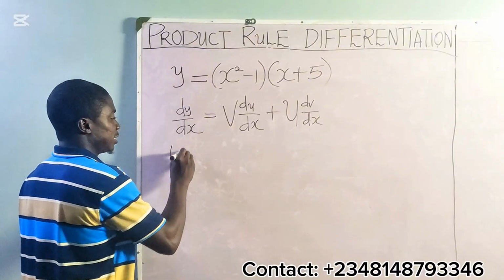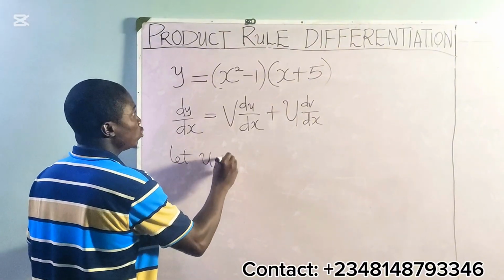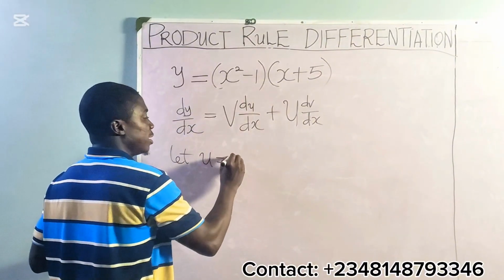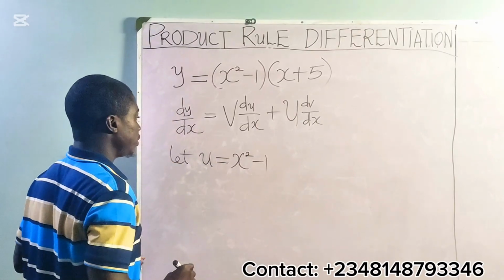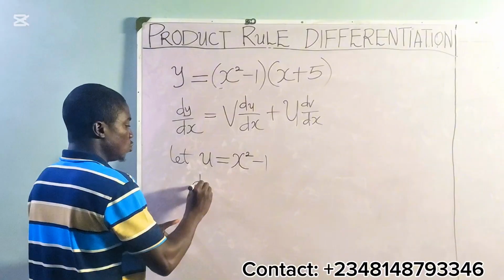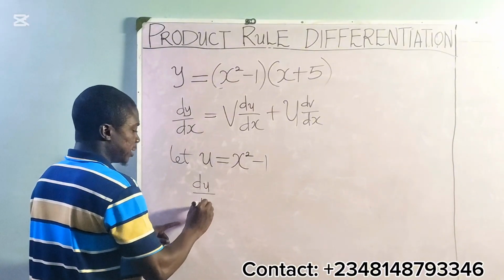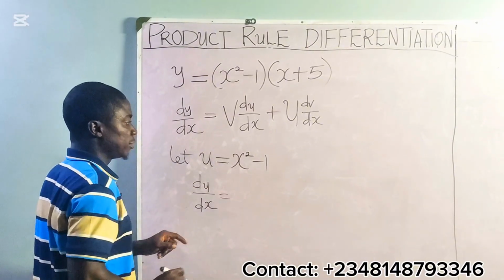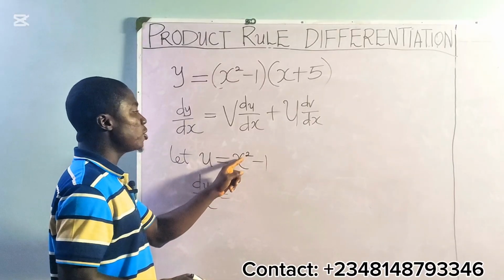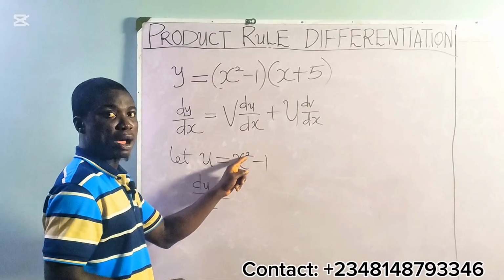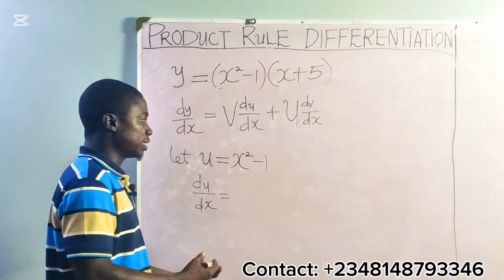So let u be equal to, what do we have in the first bracket here? x raised to the power 2 minus 1. If you differentiate u, du over dx, we are going to have, if you differentiate x raised to the power 2, you simply multiply x by its power and then subtract 1 from the power of x.